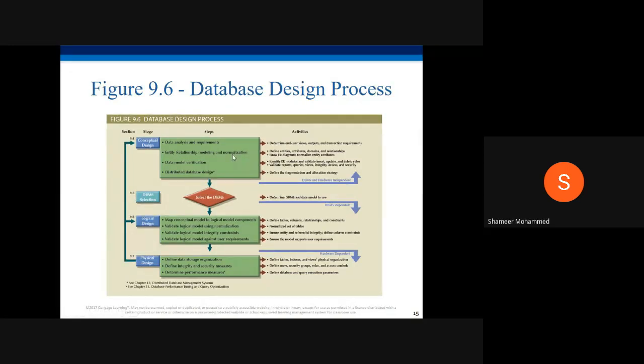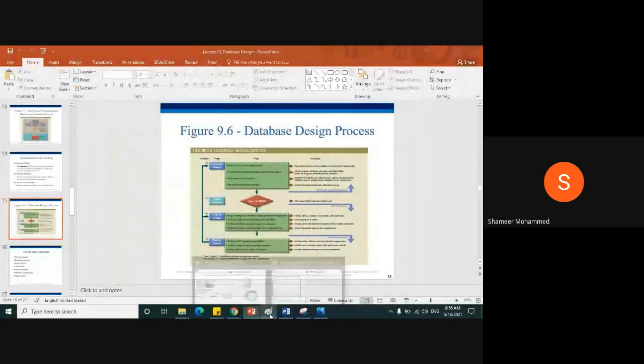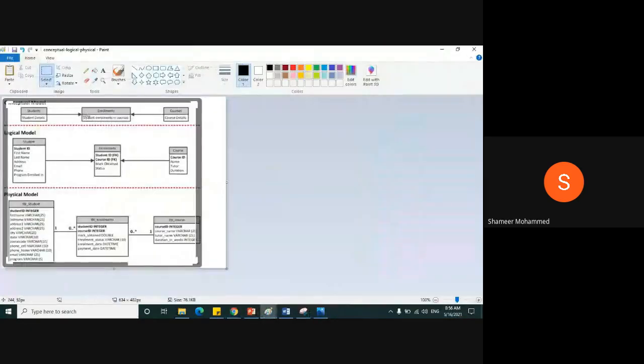First normal form, second normal form, third normal form, BCNF, fourth normal form. All those activities that you will do in this stage, conceptual design, in this phase.